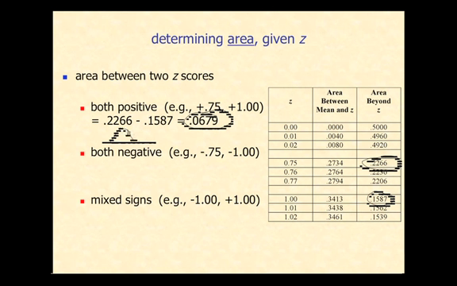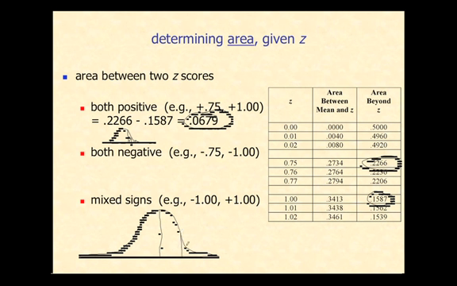if we think about these two scores, let's say that this is plus 0.75 and this is plus 1.00, we're just asking what is the area between those two scores. Hence why we subtract the area that's beyond plus 1.00 from the total area that's beyond 0.75. Let me draw that again a little bit bigger, because if this is review, I apologize, but for those of you for whom it's not, we have plus 0.75, which might lie right about here.